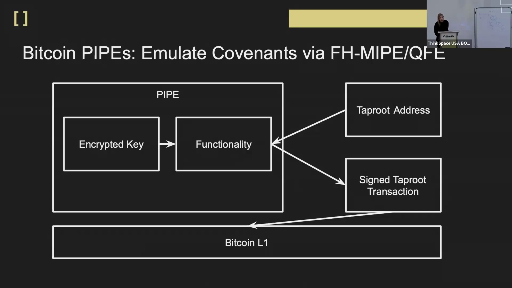You either get the signature of that message or you don't. The spending condition enforcement happens not inside Bitcoin script, but outside of it. If it's satisfied, you get the signature for whatever data you've put in there, which is the transaction. If it's not satisfied, you just get nothing.